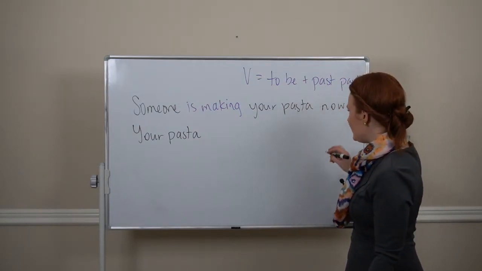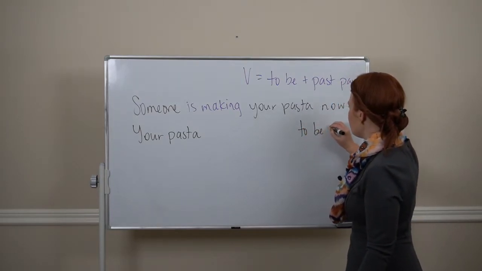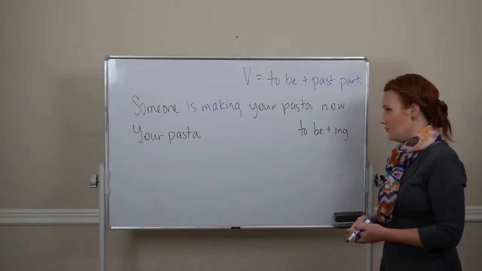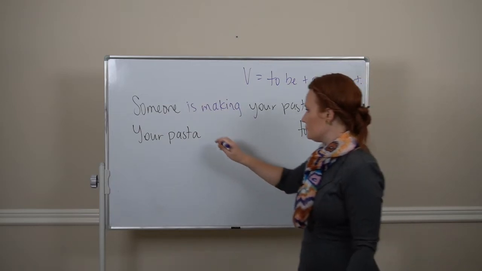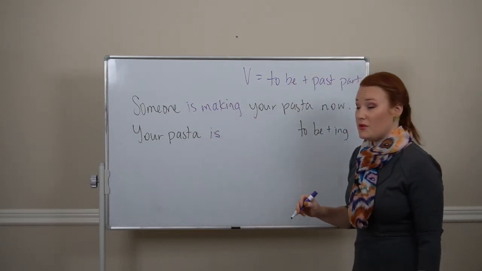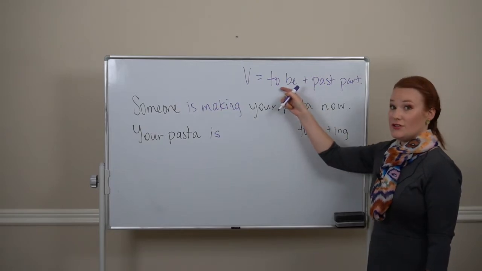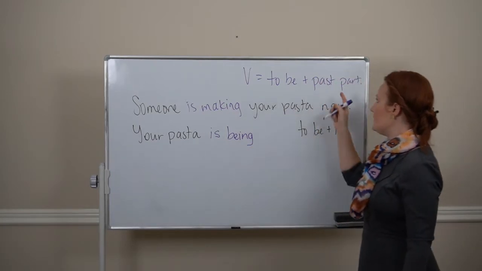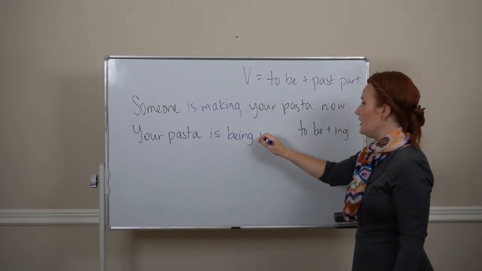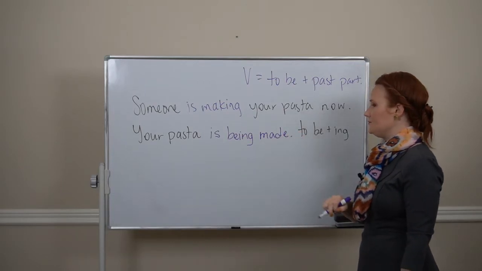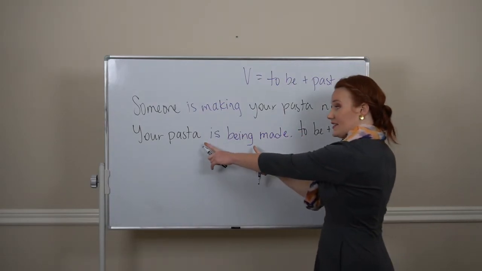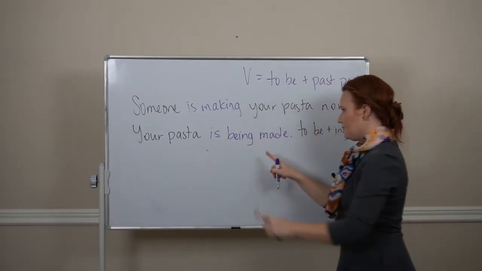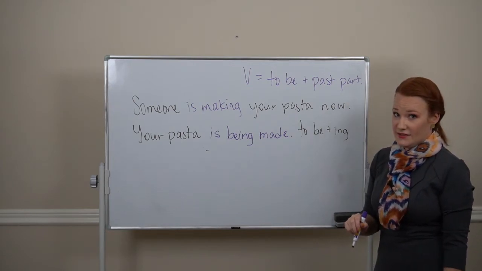Present continuous tense is to be plus the ing form. So we're going to start with is. Then we want the ing form of to be, being. Then past participle of the main verb. Is being made. This here is the present continuous form of to be. Is being, and we add the past participle on the end.